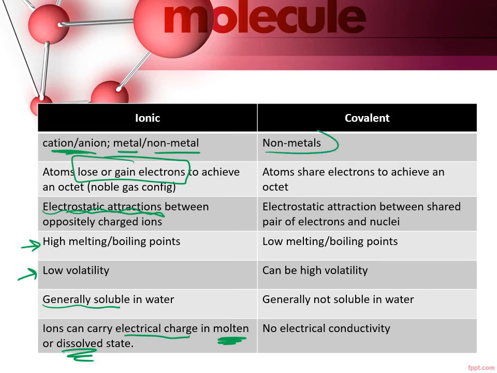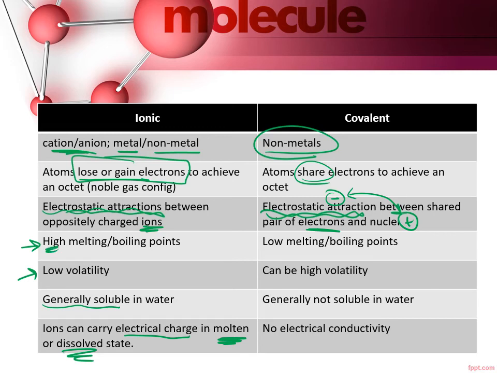That's different from our covalent bonds. Covalent bonds usually form just between nonmetals. Instead of losing or gaining, we're going to share. There's still an electrostatic attraction, but now instead of between oppositely charged ions, it's between the shared pair of electrons, which are negatively charged, and the nuclei of the atoms, which are positively charged. So we still have attraction between opposites, but now electrons and nuclei are oppositely charged.